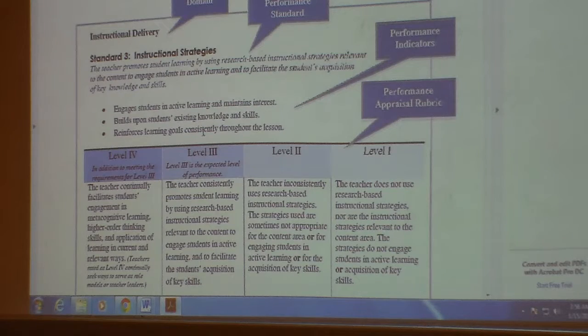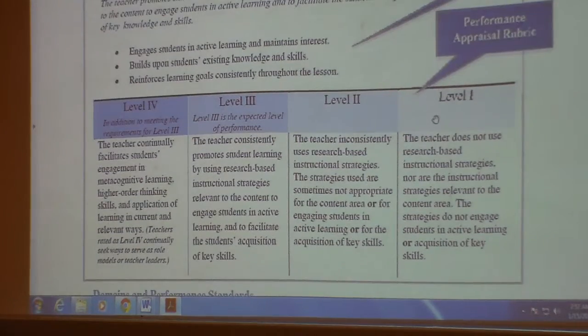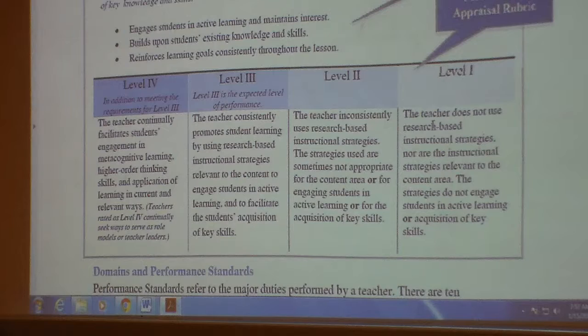Like number 3, the domain is instructional strategies. And this is the standard. These are some of the indicators, some of the things we look for when we're doing our walkthrough. And this is the rubric, kind of the rubric that we use.